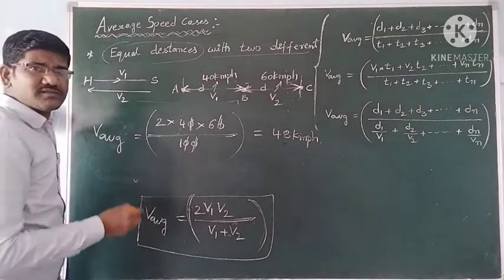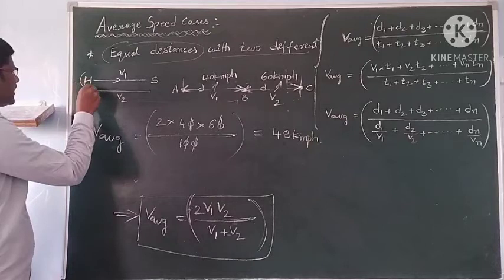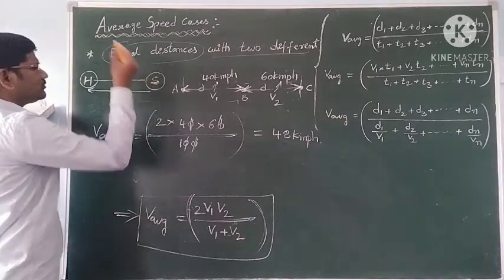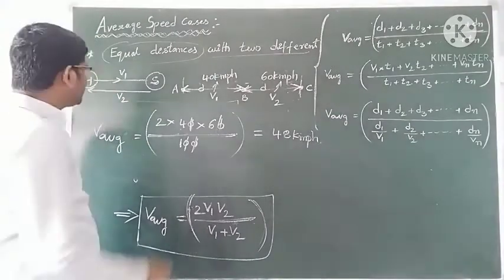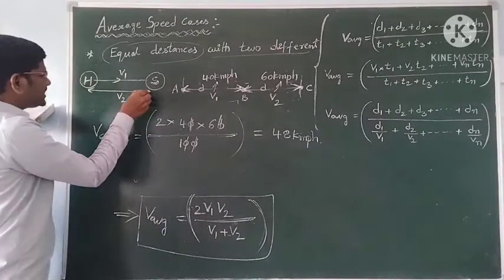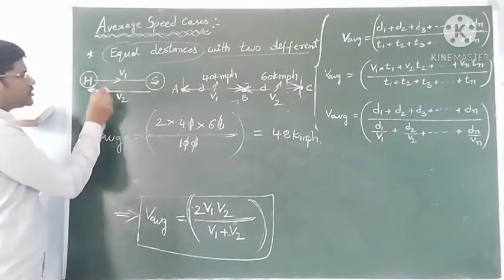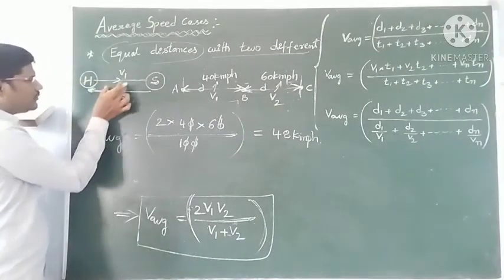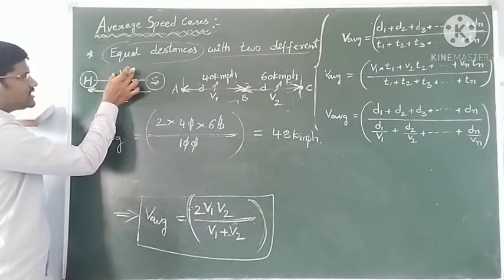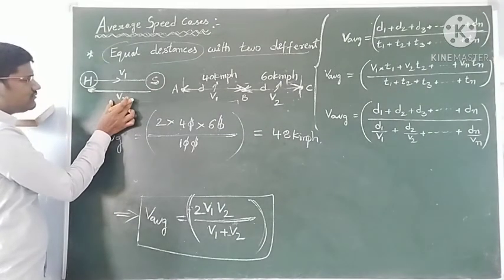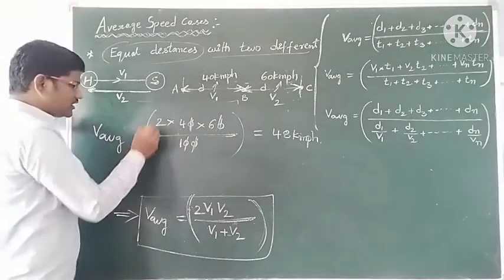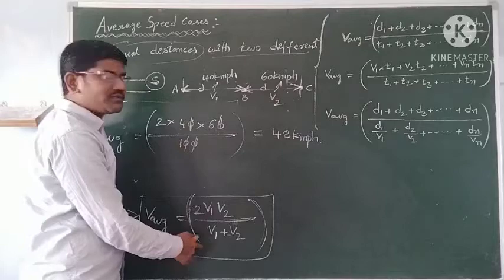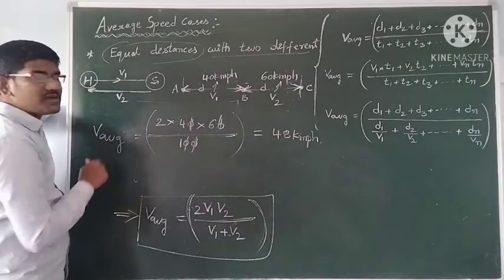So a boy started at home, went to school, and in the return journey with a speed V2. Here the distances are the same, home to school and school to home. V1 is given some value, V2 is given some value. If asked for the average speed, use this formula only. 2V1V2 by V1 plus V2 is our formula, because he is covering equal distances with different speeds.